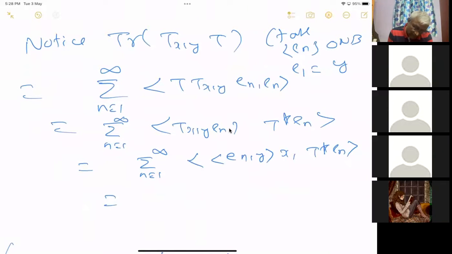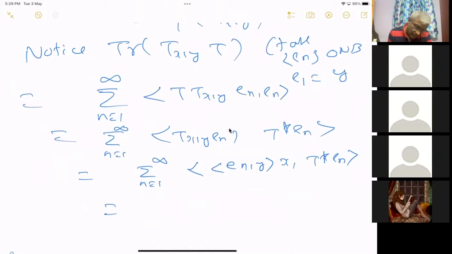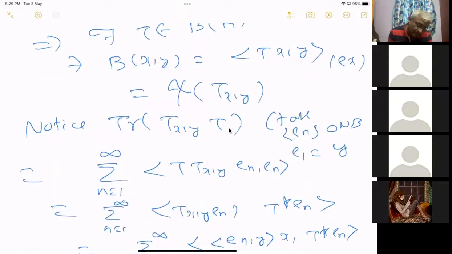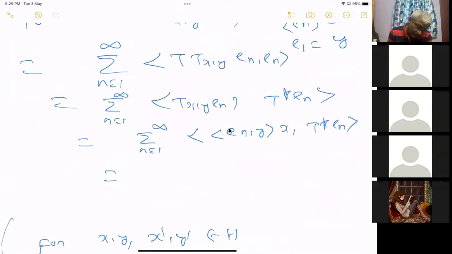So this will imply that only y will survive, right? So this is equal to, I want to get T_{x,y}.